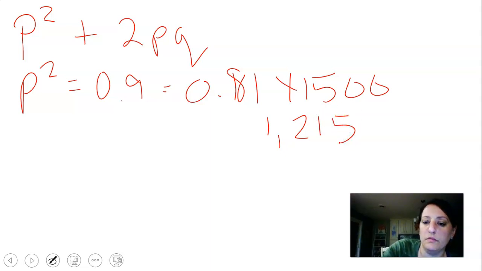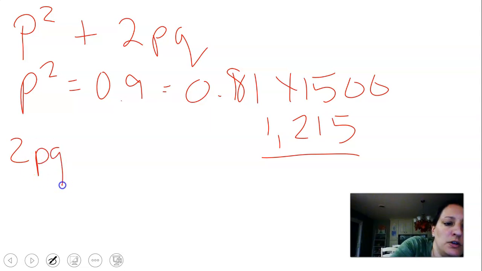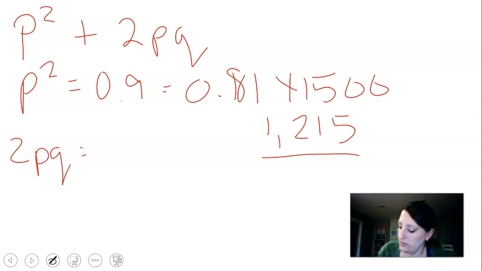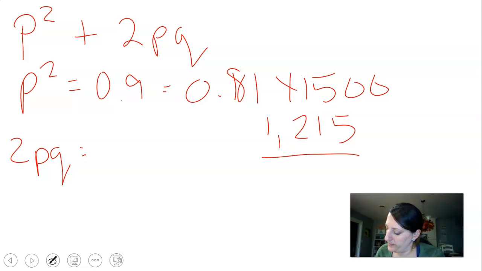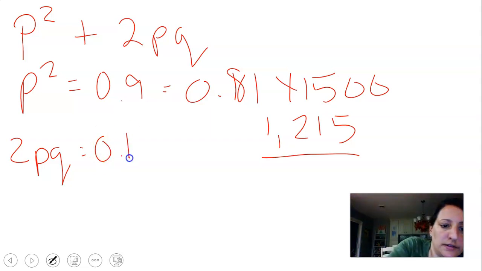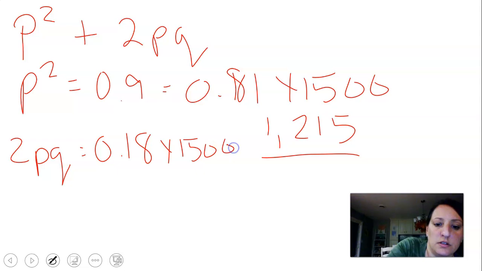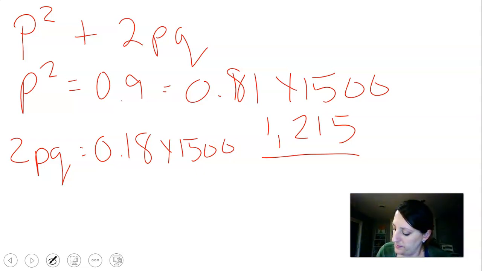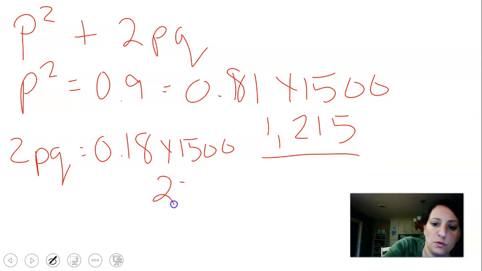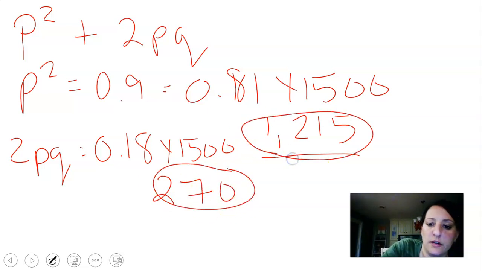That's how many are homozygous dominant. Then for 2PQ, we do 2 times 0.9 times 0.1, which gives us 0.18, times 1,500, which equals 270. We need to add these two together to figure out the number of brown-eyed individuals.